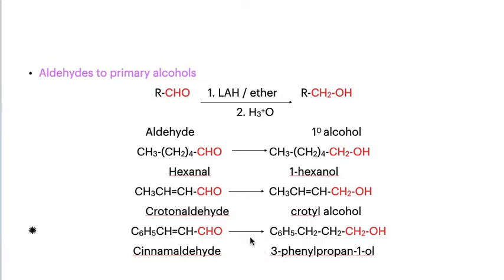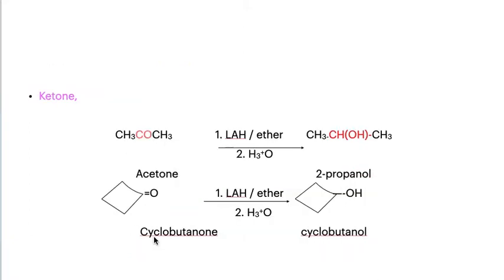On reduction with lithium aluminum hydride, it forms 3-phenyl-1-propanol. There is the reduction of the CHO group to the CH2OH group, as well as the reduction of the carbon-carbon double bond to a carbon-carbon single bond. In this case, the carbon-carbon double bond is reduced due to the presence of the phenyl ring at the beta position.